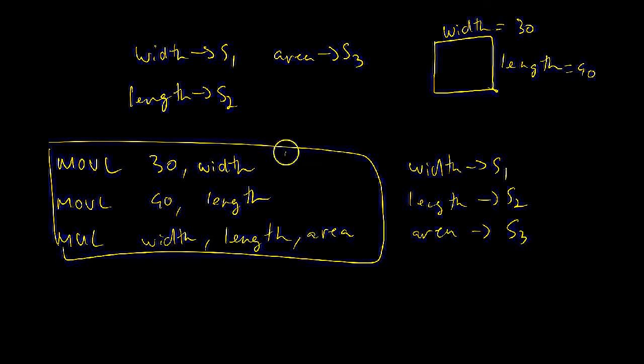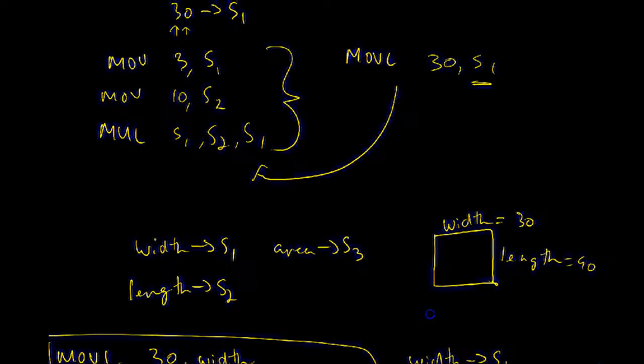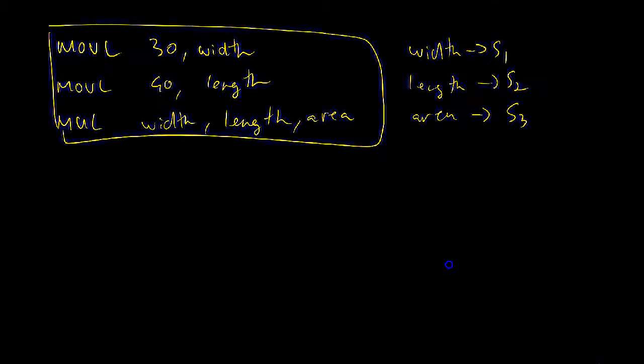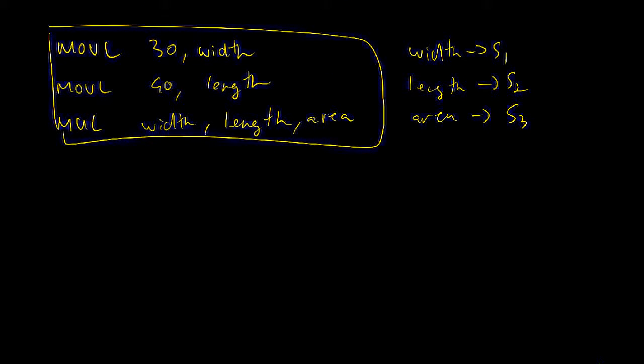And every time I see width, length, or area, I just make the proper replacement, and then I convert the move large instructions into the smaller instructions that the computer understands, and then I convert those instructions to the ones and zeros that will go into the processor. So essentially, this has allowed us to be more expressive in what we actually want the program to do, such that we can read it and understand it later.